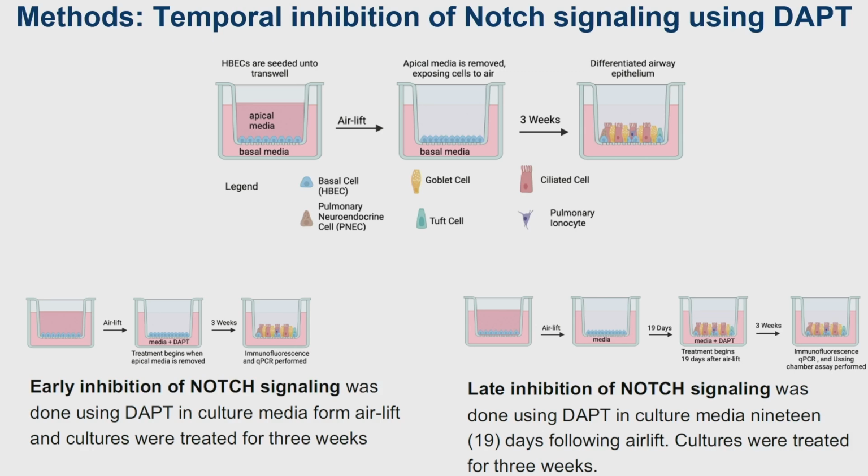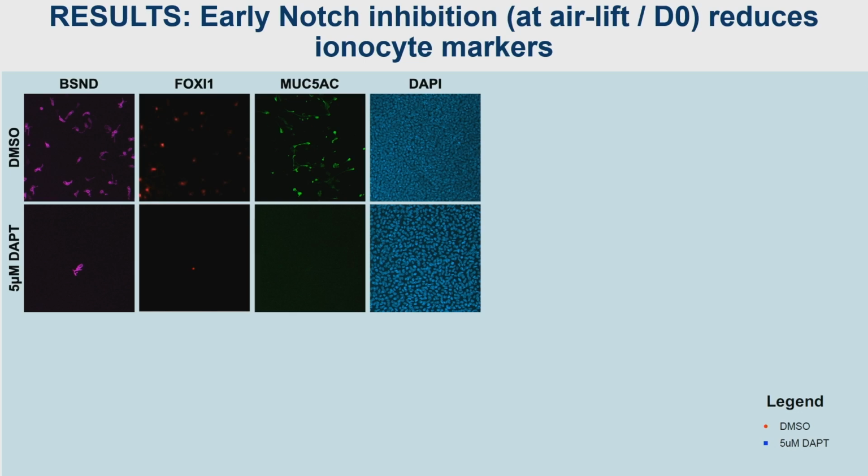We also did a late inhibition, where we allowed the cells to differentiate after airlift for about 3 weeks, and then we would start the treatment using the inhibitor. We would treat for an additional 3 weeks, and then we would take a look at the cell populations.